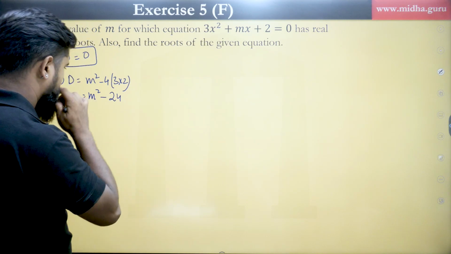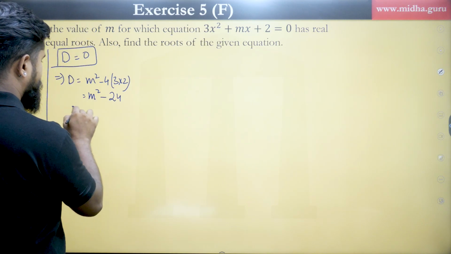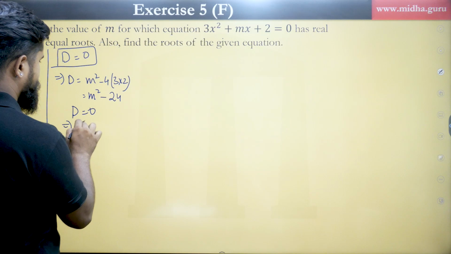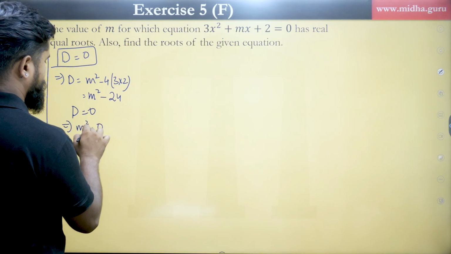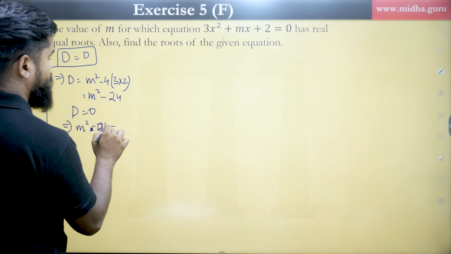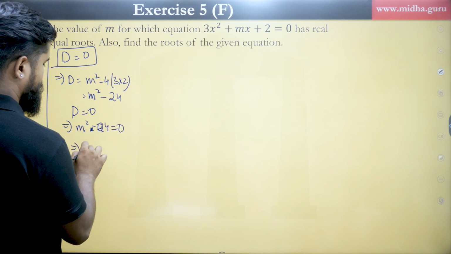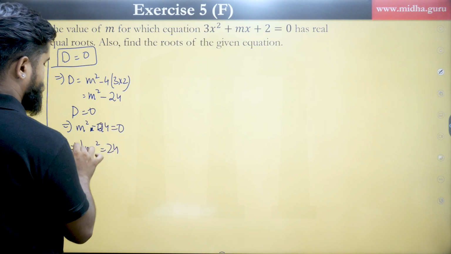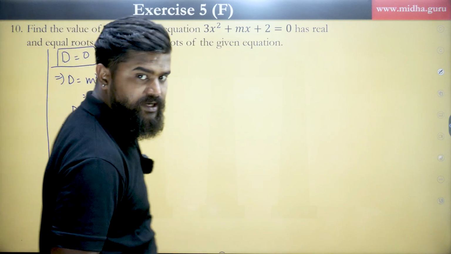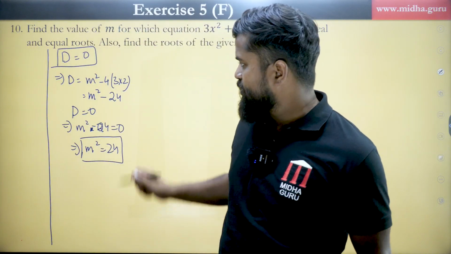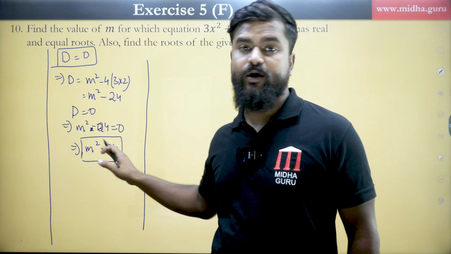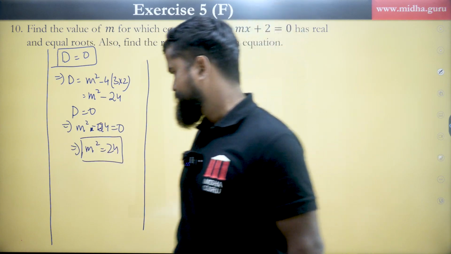Now we know that this discriminant is equal to 0, which means m² − 24 is equal to 0. It means m² is equal to 24. Now we'll find the value of m by taking the square root on both sides.